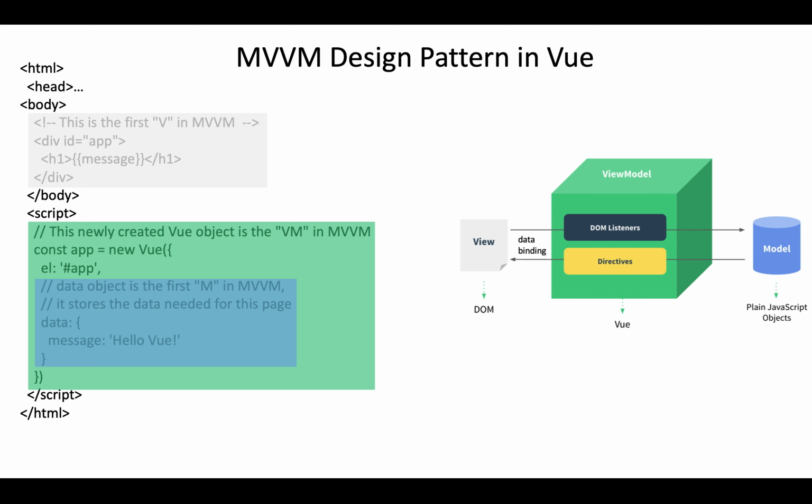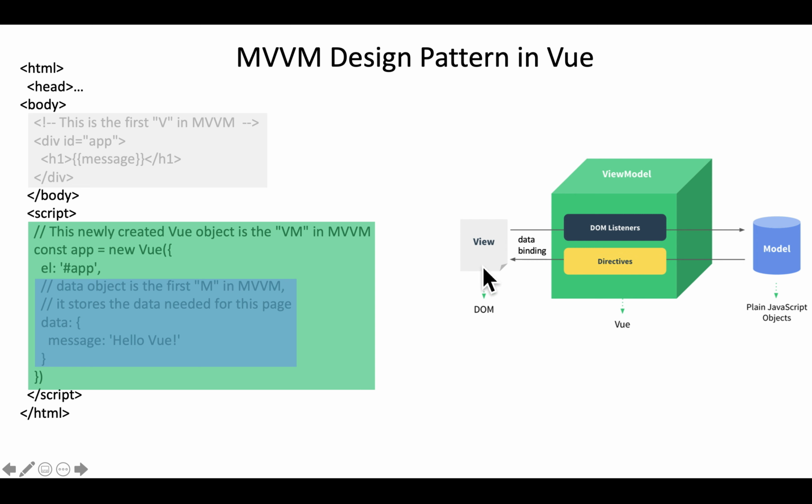In Vue.js, models, or this blue part here, are simply plain JS objects. Once an object is used as data inside a Vue instance, that's this green area, it becomes reactive. You can manipulate their properties, and the Vue instances that are observing them will be notified of the changes.